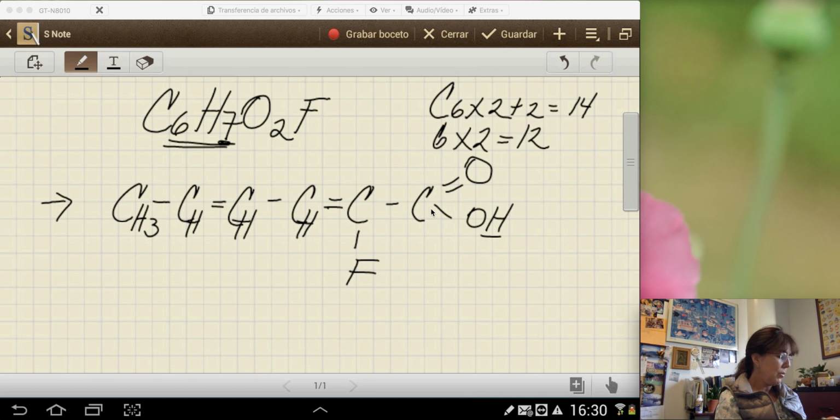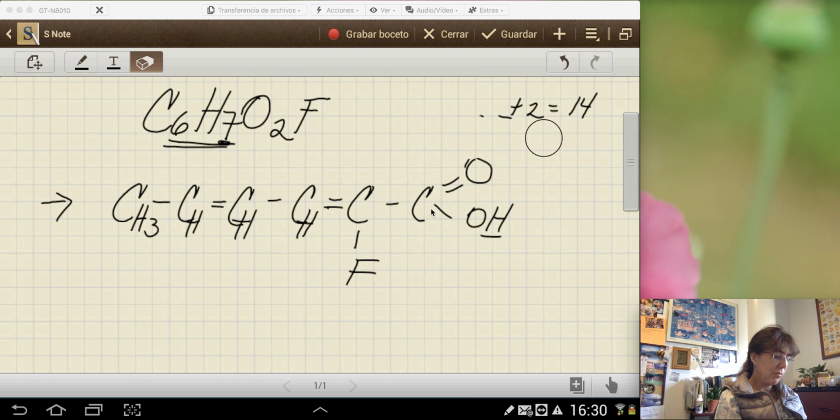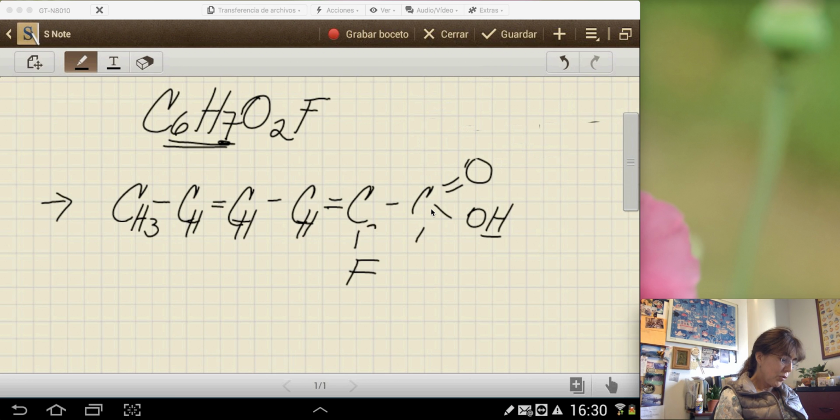Let me show you how, but let me first erase this so that my screen will not be having all these many things. Let's give a name to this compound. Carbon 1, 2, 3, 4, 5, and 6.